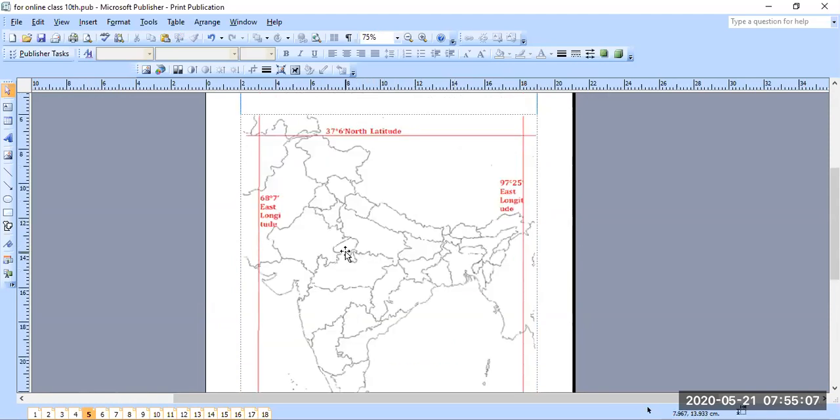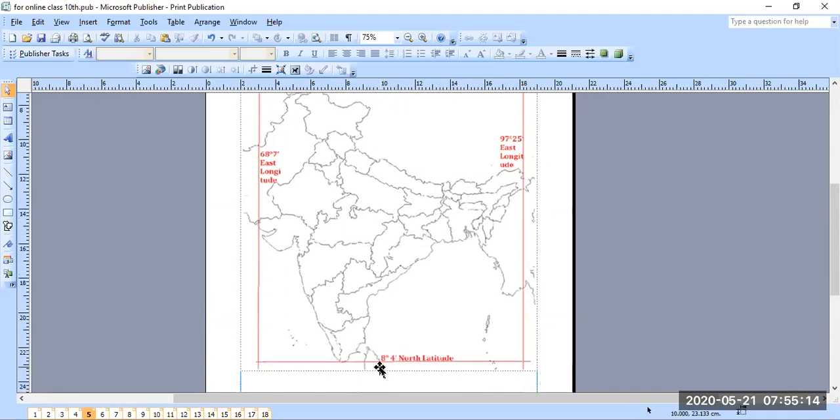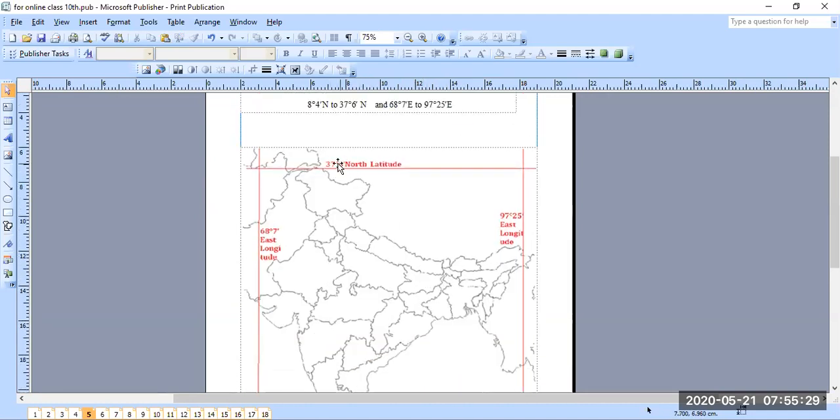topic, that is the extent of India in terms of longitude and latitude. Now observe this. We are located north of the equator. The southernmost latitude is 8 degrees 4 minutes north latitude, and the northernmost is 37 degrees 6 minutes north latitude. India extends between these two latitudes.